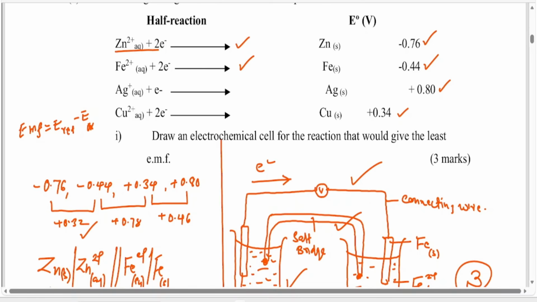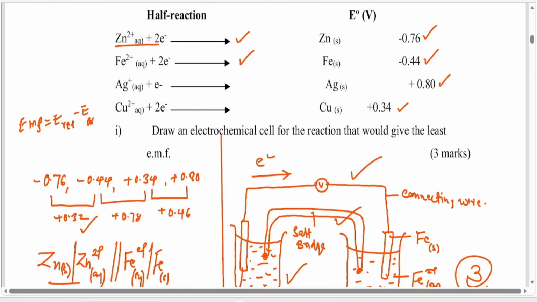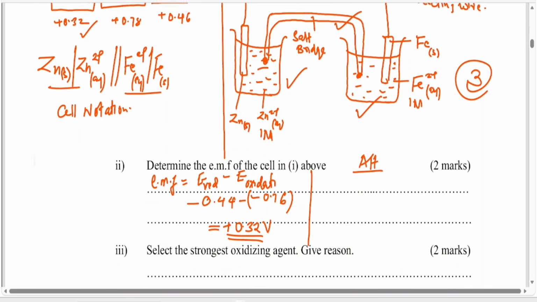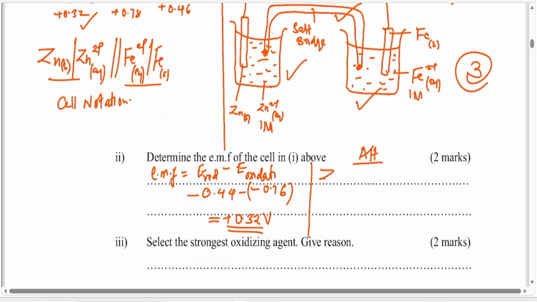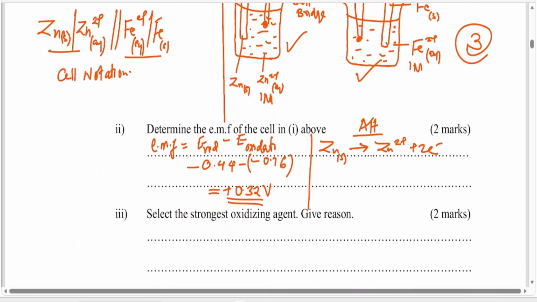So what I do, I reverse the reaction, so that zinc undergoes oxidation. I begin with zinc solid, which undergoes oxidation to obtain zinc ions and lose 2 electrons. And because its sign was negative, it also changes to a positive.